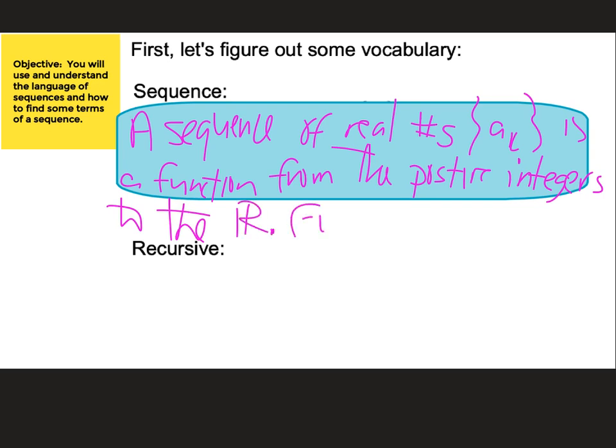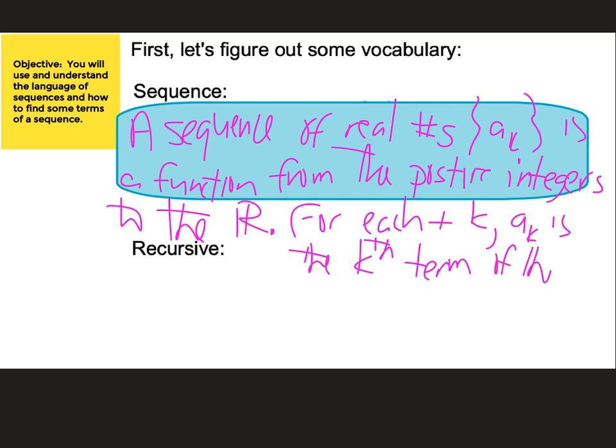So for each positive k, a_k is the kth term of the sequence. That sounds confusing, right?